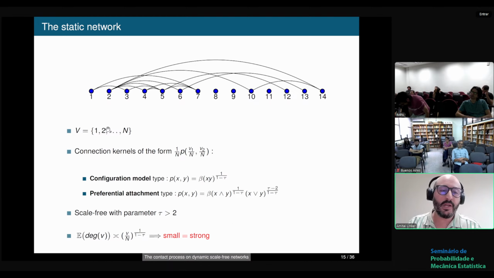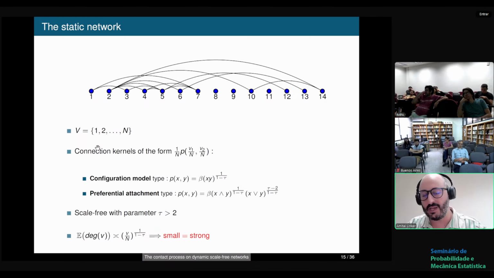And importantly, the expected degree of any of these vertices is v over n, normalized between 0 and 1, raised to this negative power. So if you take vertices which are closer to 1, they are going to be stronger. The expected degree is going to explode, as opposed to the ones closer to n, which is going to be some constant, perhaps 1, perhaps not.